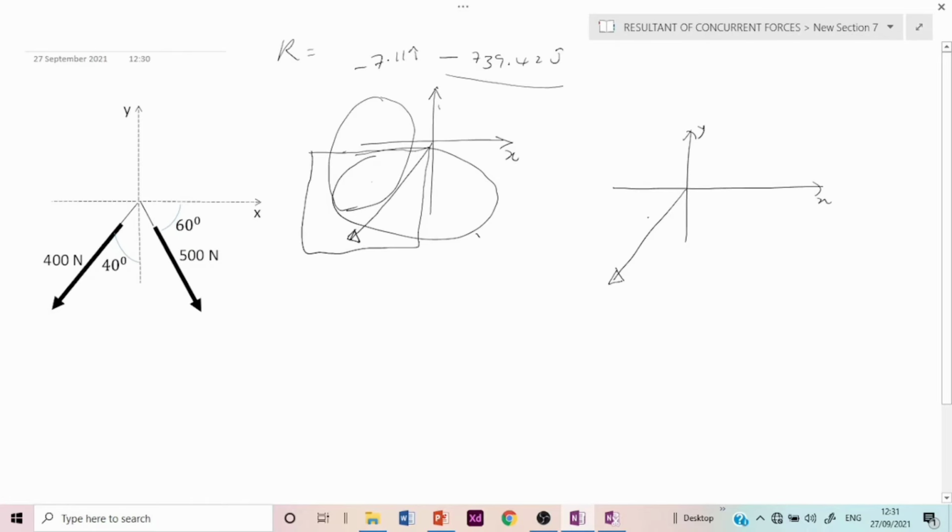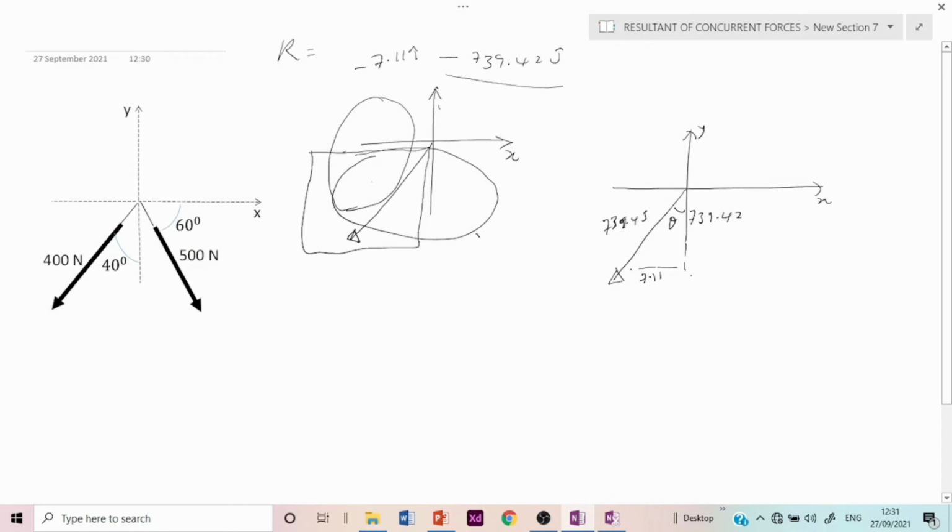Let's recall that we already know some of these components. This is 7.11, which is our x component. This is 739.42, which is our y component. And of course, our resultant is 739.45. What we are looking for is this angle theta.